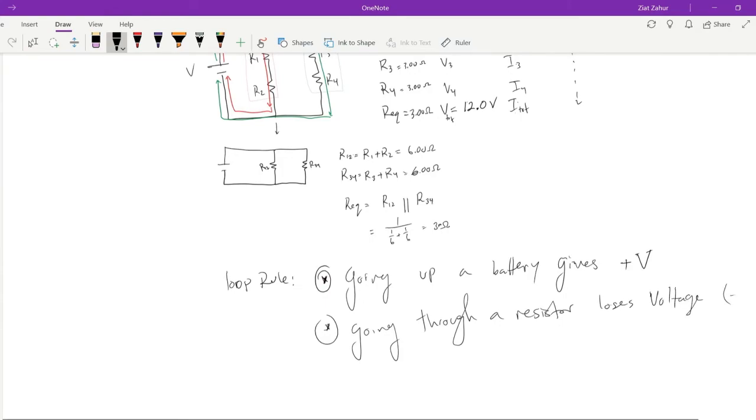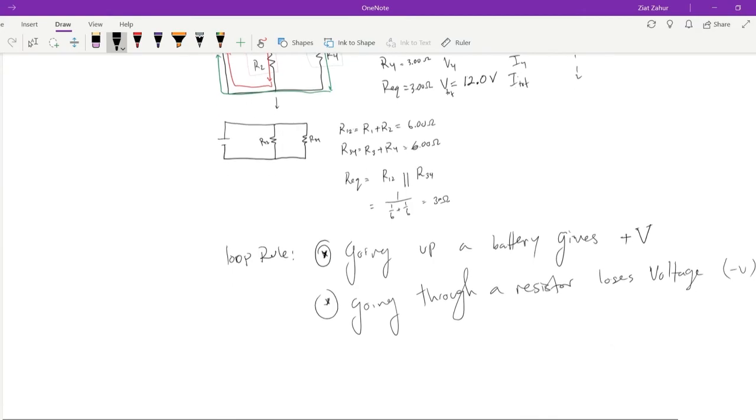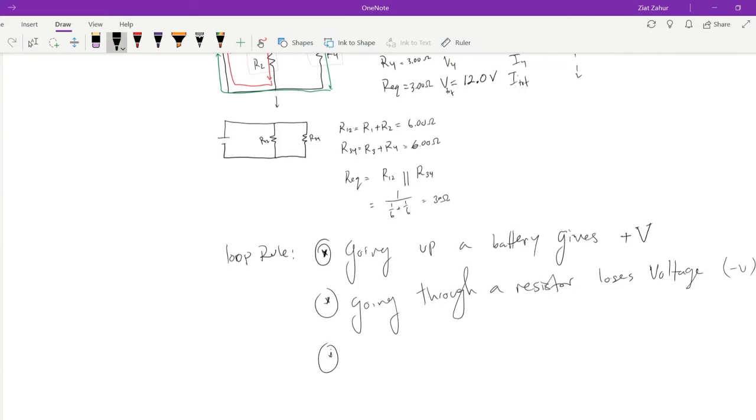So subtract minus V. And then the most important part, the sum of all voltages around a loop equals 0. Sum of all voltages equals 0.